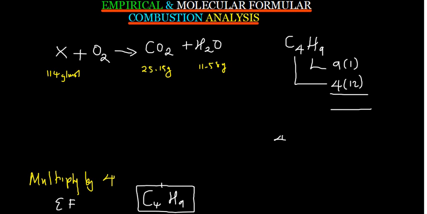So you multiply everything by the same thing which is in the denominator, which is 4.